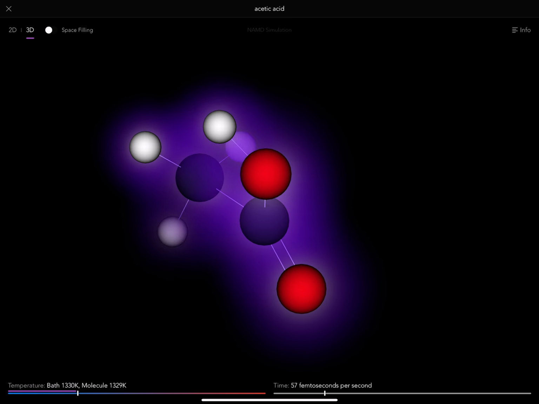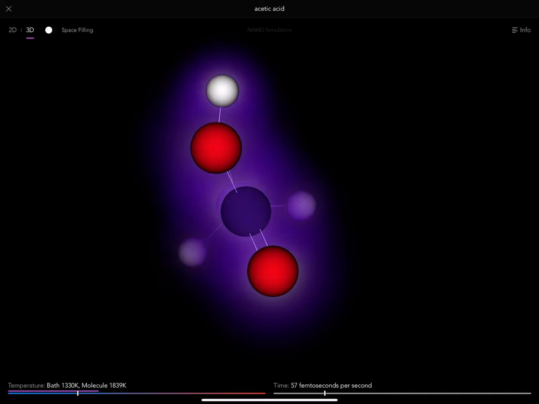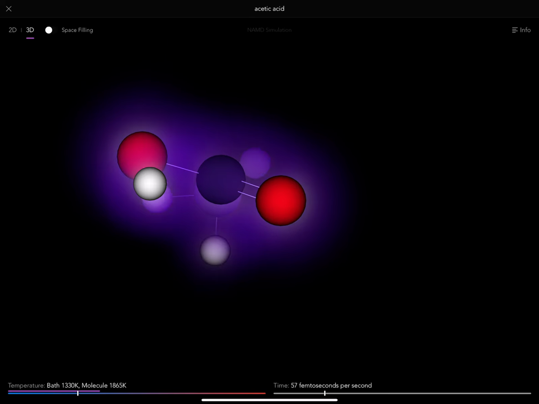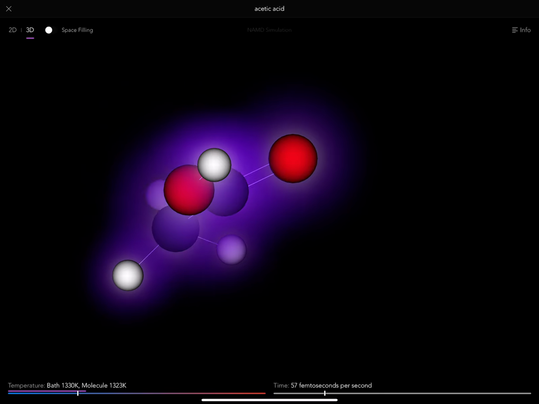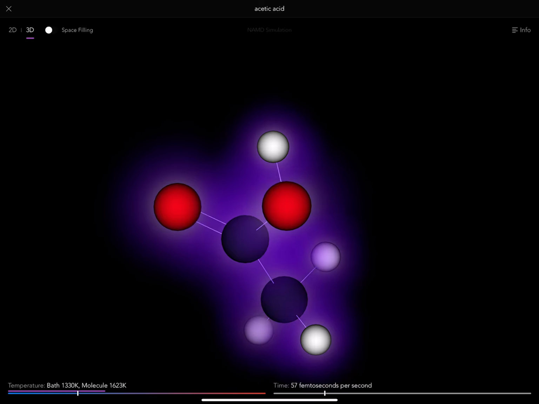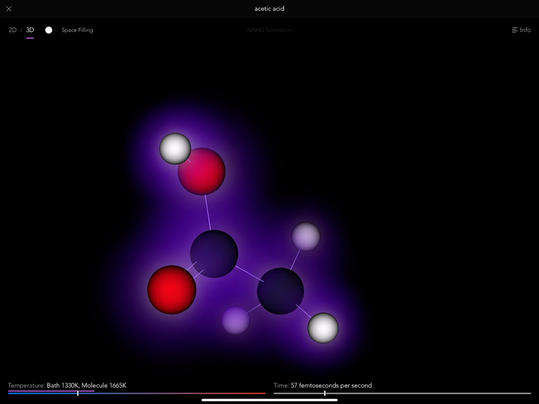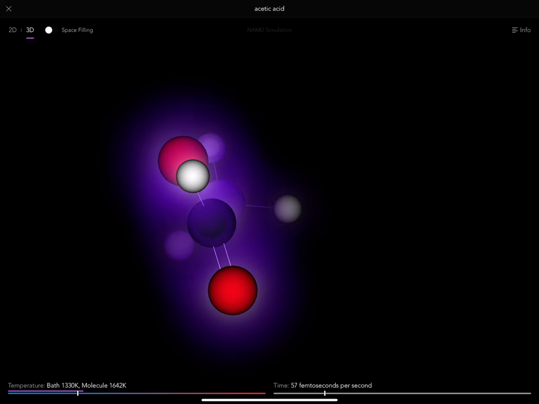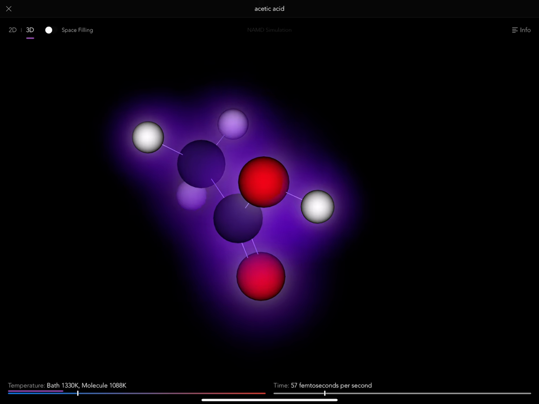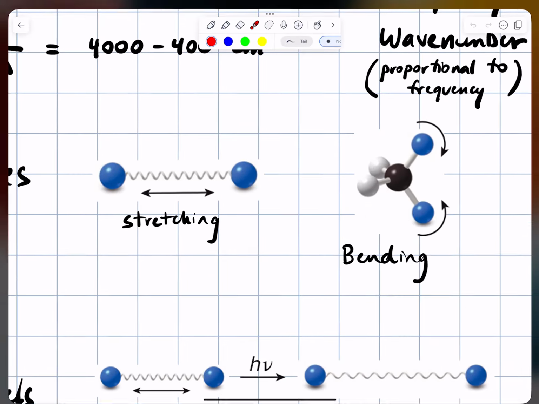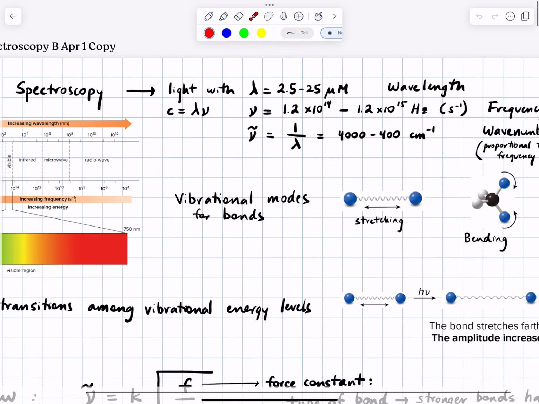So these are called vibrational modes, or vibrational energy states. And they are like all other energy states, they are quantized. And so if you have light of the right frequency, you can excite one vibrational mode to another, and the light that gets absorbed is infrared. Now we'll go back to here.